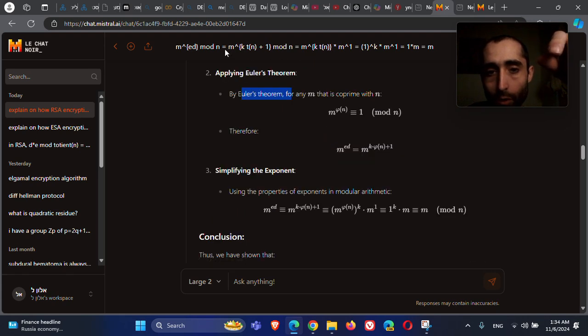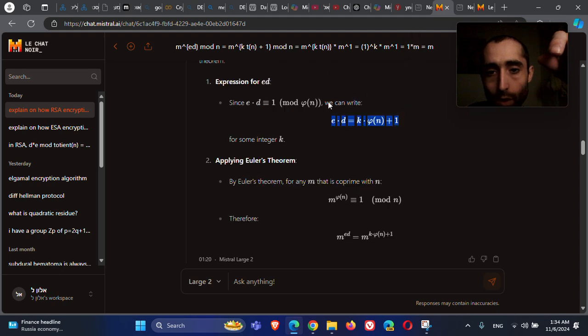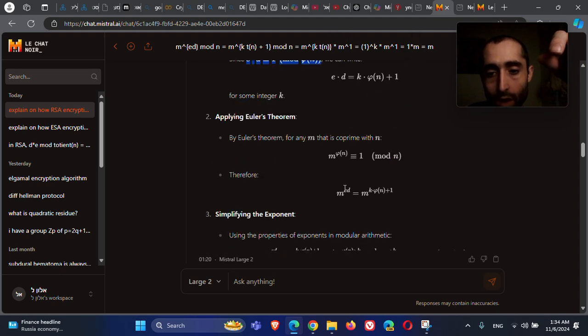Therefore, m to the power of ed is m to the power of k totient n plus 1, and remember that m to the power of totient n is 1 because they are coprime in modulo n.